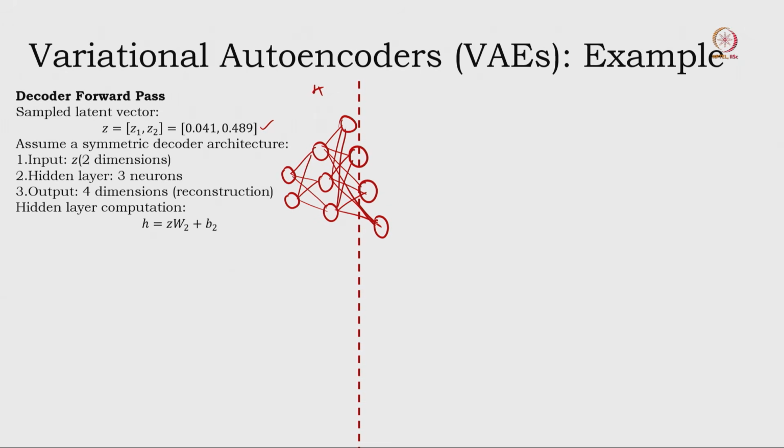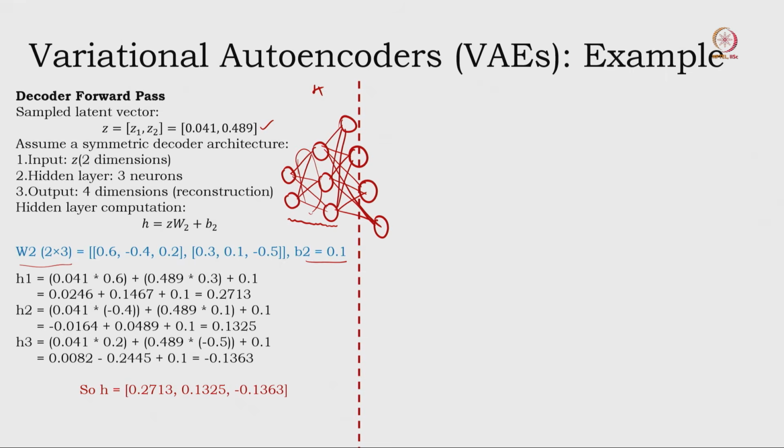Because there are so many connections, every connection will have a weight. Let us assume we are first doing this part of the calculation. These are the weights that we have assumed here, and there is a bias term, and the bias value here is this. How do we do the calculation?